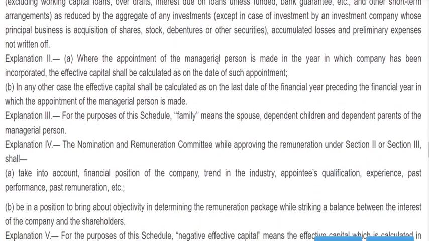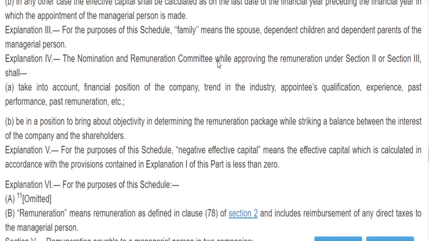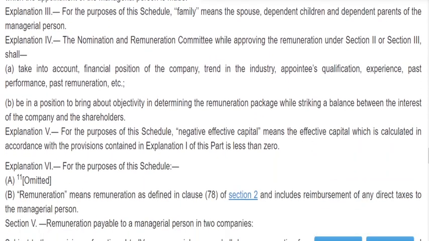Next, see explanation 3. For the purpose of this schedule, family means spouse, dependent children, and dependent parents of the managerial personnel.